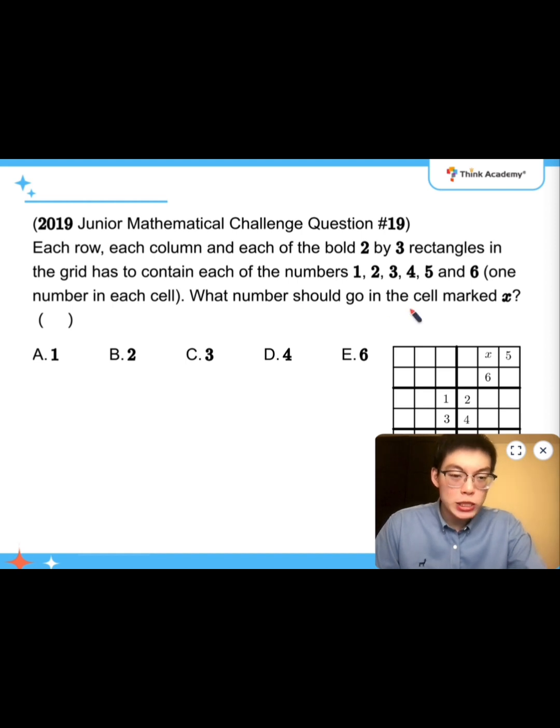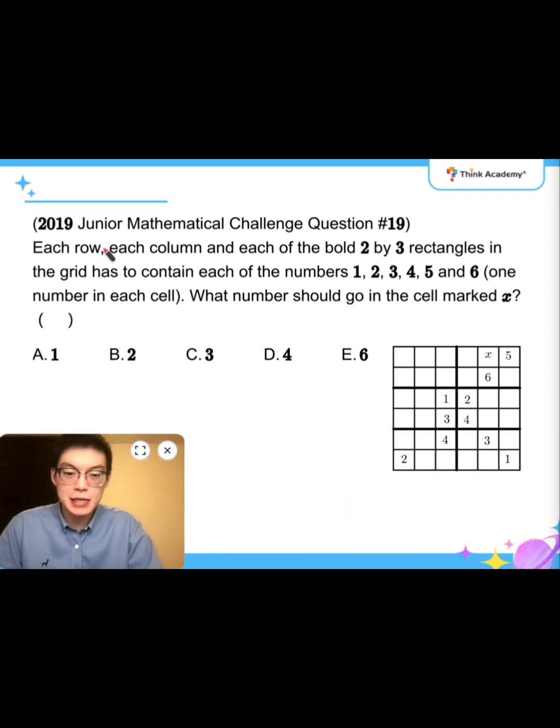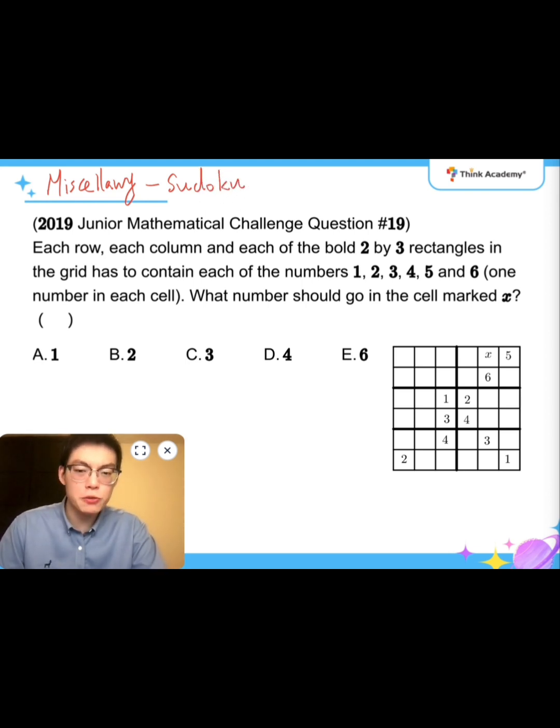As for question 19, this is a Sudoku question. So it belongs to the miscellany module, and it's on Sudoku. If you have done any Sudoku before, I would say that this question might be manageable for you.